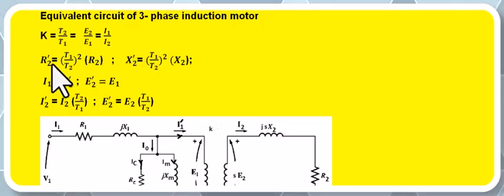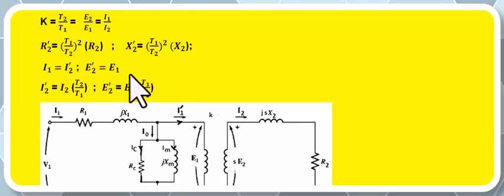R2 dash is the rotor resistance per phase referred to the stator side. To get that value, multiply R2 with (T1 by T2) whole square. X2 dash is the rotor reactance per phase referred to the stator side, that is (T1 by T2) whole square into X2, and I1 is equal to I2 dash.